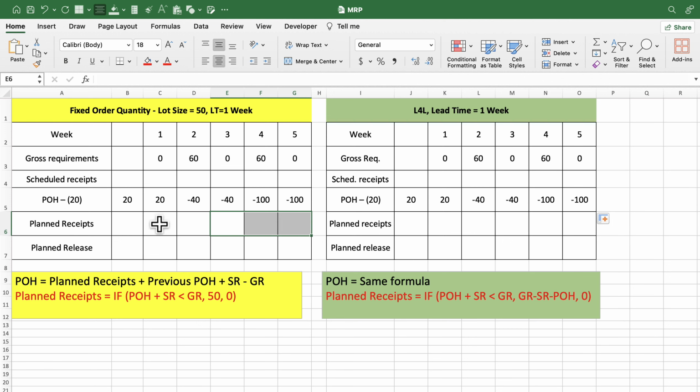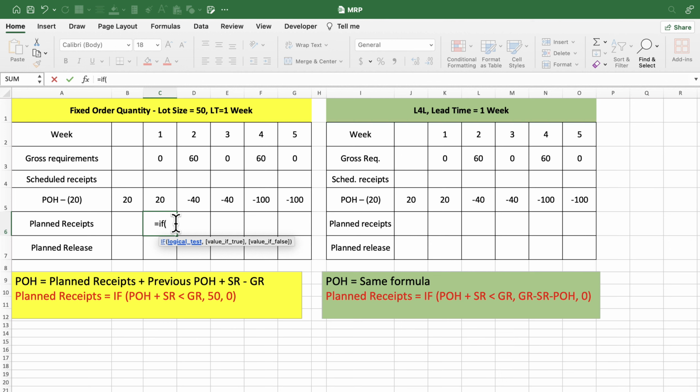So for that we will be using this formula, and the formula is that if our available inventory, which means this on hand inventory 20 plus scheduled receipts, is less than our demand or gross requirement, then place an order. Then the question is, what should be the order size? It says order size is 50. Whenever we use the if function, the last argument is 0, which means if not, then 0. So here we have 0, and then I will copy this to other cells.